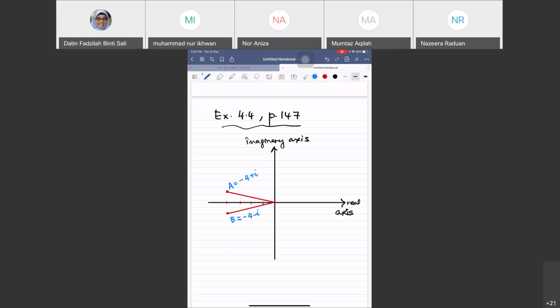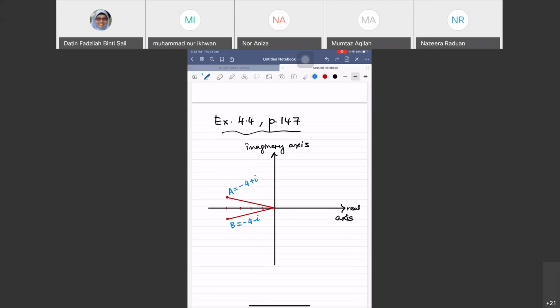And then C is -7i. Sorry, this is the imaginary part, not the real part.